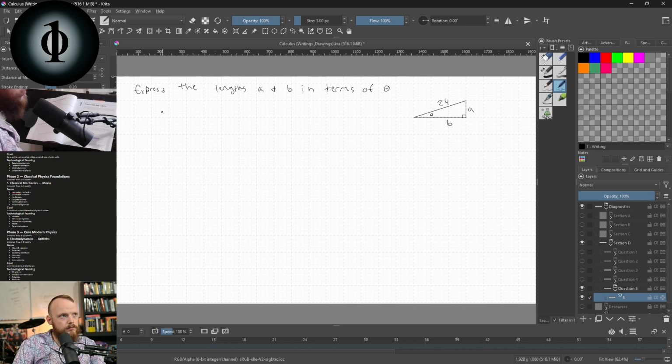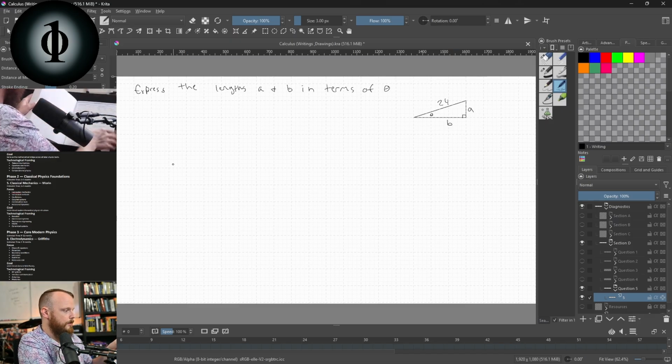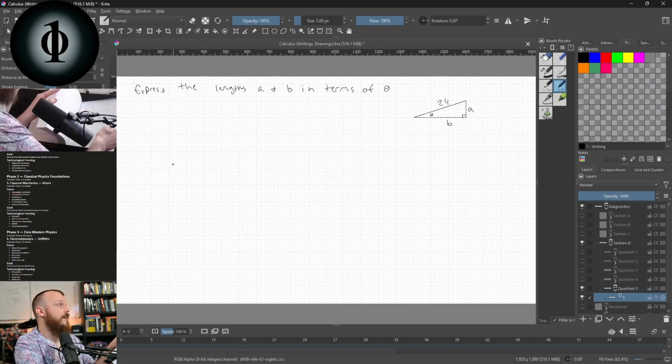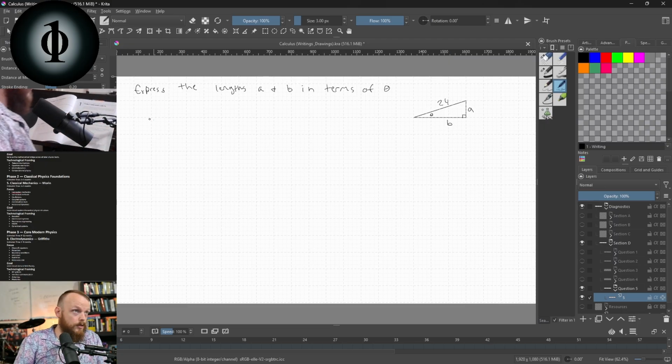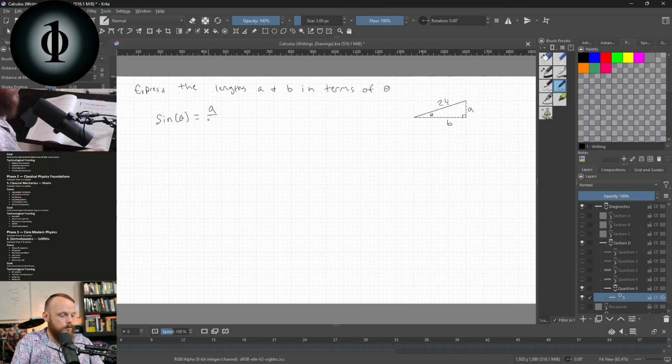I can't even remember it. Sine of theta is equal to opposite over hypotenuse. So the sine of theta is equal to A over 24.